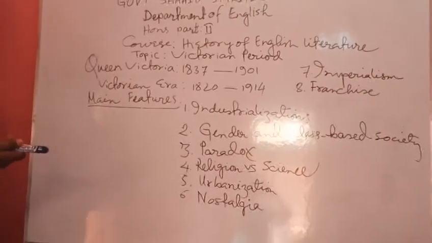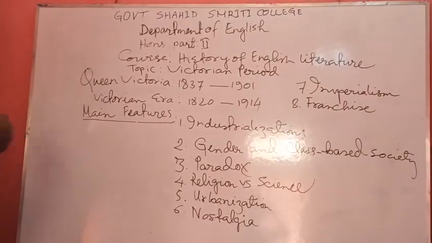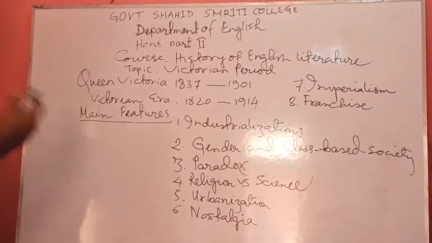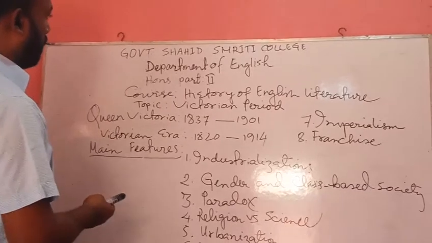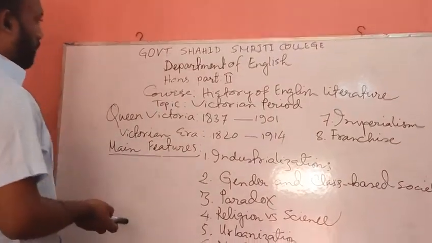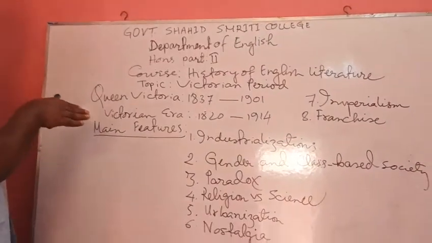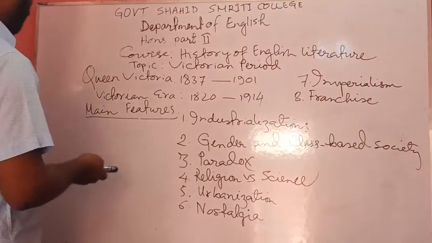So, the Victorian period is one of the most important periods in which lots of literary production were made. So let's go directly to what we have in this lesson.